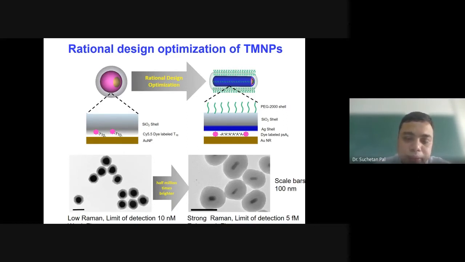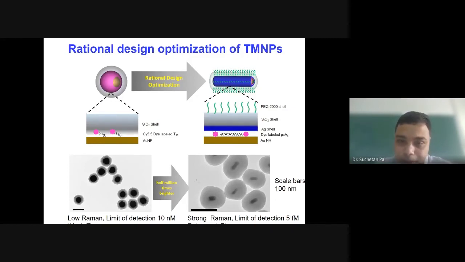in mouse models. So we did some rational design optimization based on a lot of theoretical inputs like molecular dynamics simulation and electromagnetic simulation. If you are interested, I can talk offline about how it is done and why it is done, but for the sake of time, I will skip that portion.